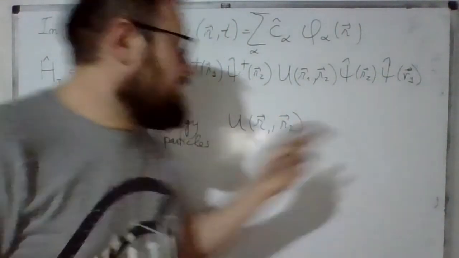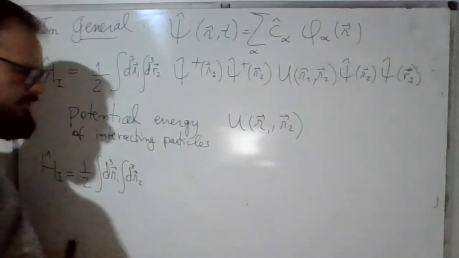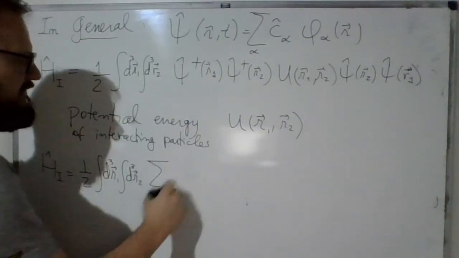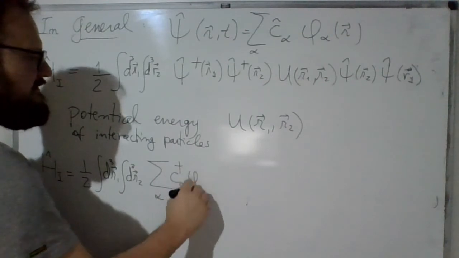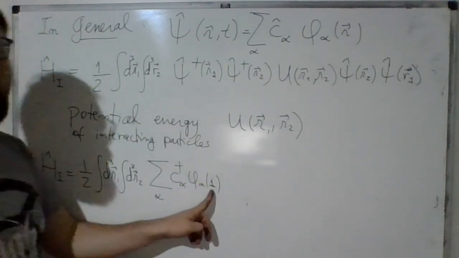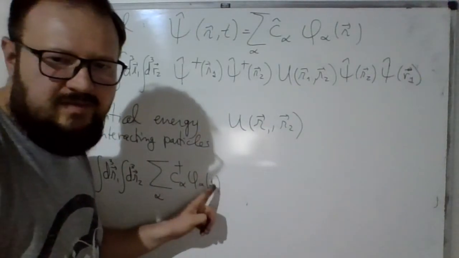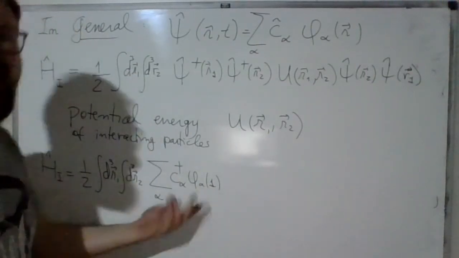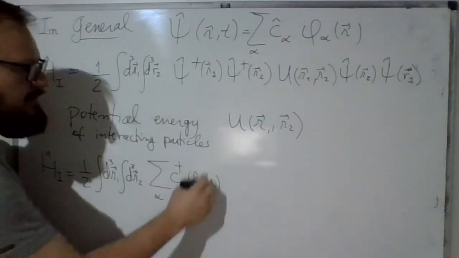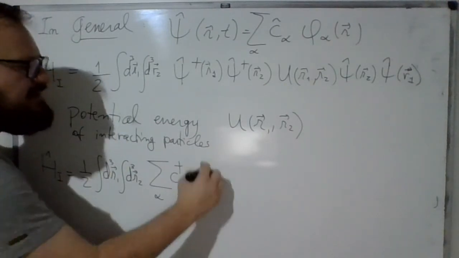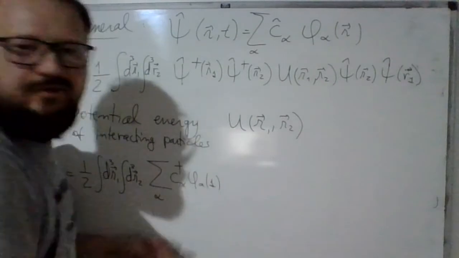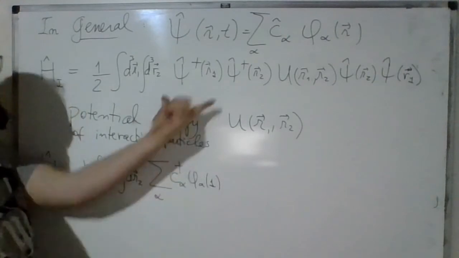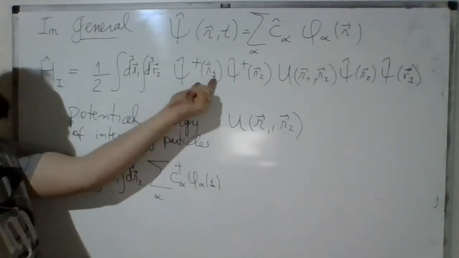Okay, and here we will write a summation over alpha, C dagger alpha, phi alpha of 1. This one means R1, the coordinates of particle 1. And I'm just making the notation cleaner. Do not write it explicitly R1, R2, because expressions become large. So this is for the psi dagger of R1.